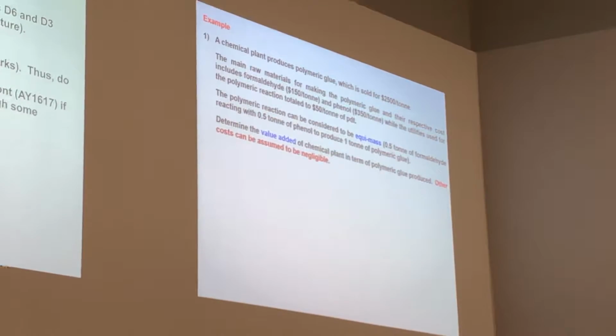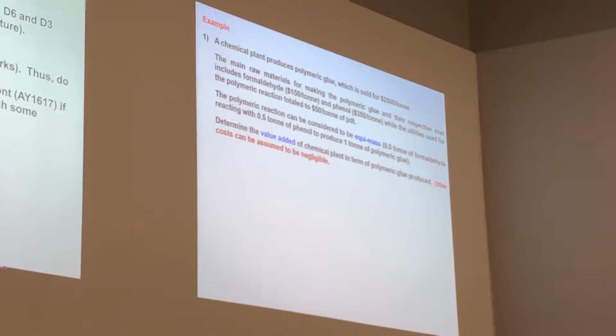All right. Okay. Read the question first. A product they sold per ton is $2005, a polymeric glue. The respective cost of raw material, formaldehyde, is $150. Formaldehyde is really cheap. Formaldehyde is the embalming fluid. Phenol is another cheap product.